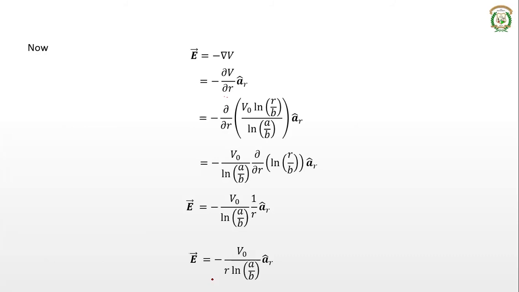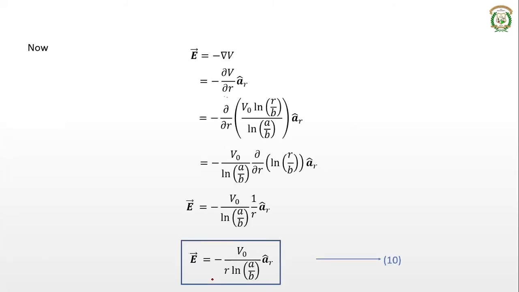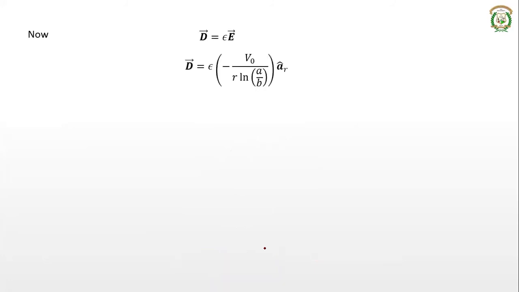Once you get electric field intensity, we are supposed to get electric flux density. What is electric flux density? D is equal to epsilon into E. Multiply the expression with epsilon, and you get electric flux density: minus epsilon V naught divided by R ln A by B AR.